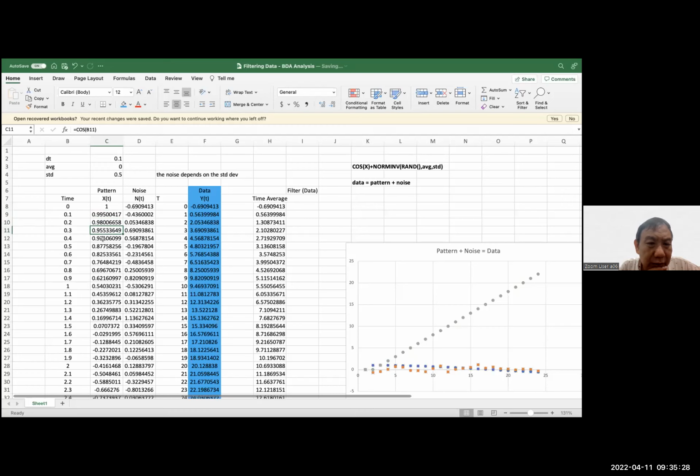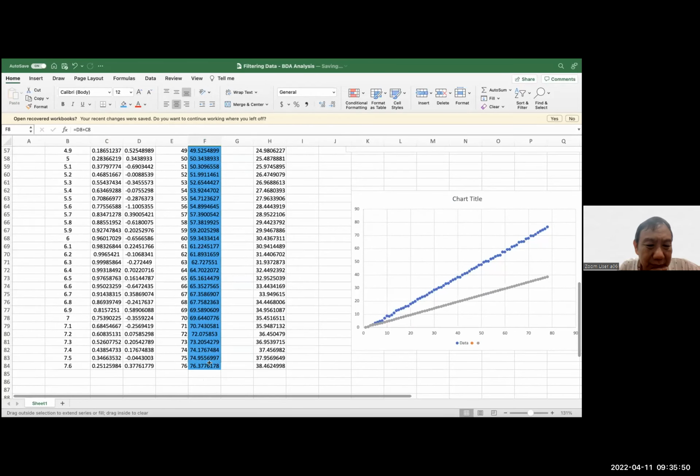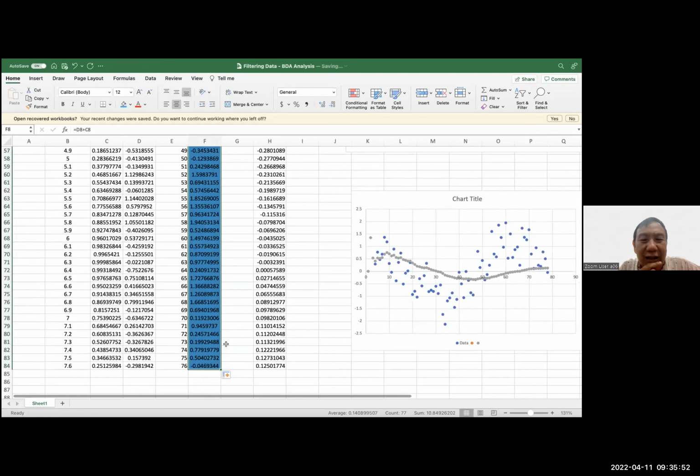And the data is the pattern plus noise. Oh, that's why. Copy down.